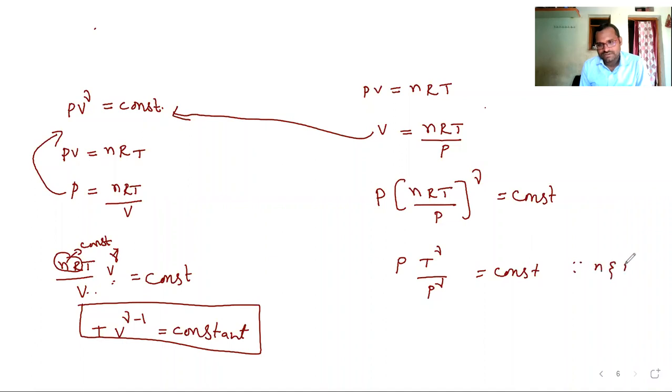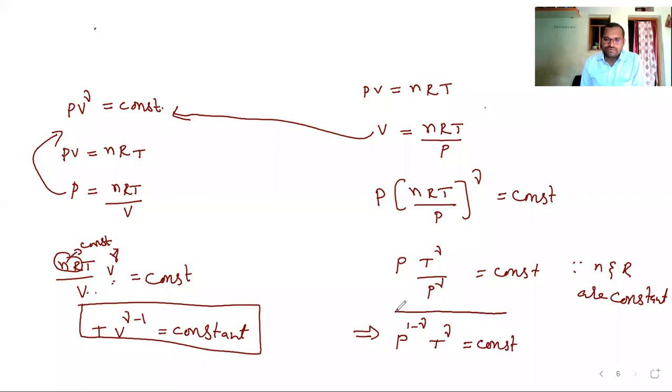Since n and R are constant, these are constants. That's why this can be written as P power 1 minus gamma T power gamma is equal to constant. This is also another point you need to remember. So total 3: P V power gamma constant, T V power gamma minus 1 constant, or P power 1 minus gamma T power gamma is constant.